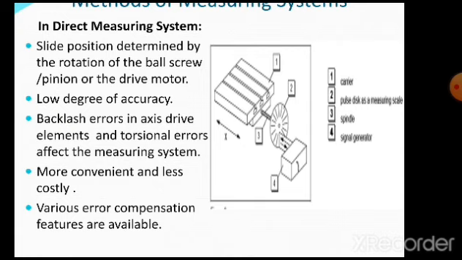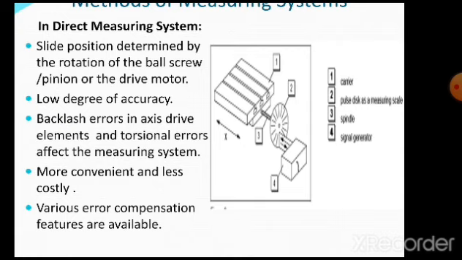That means even if we provide the correct mechanical power to the ball screw, there is every chance that there are certain losses in case of power transmission. Okay, so that is why it is called torsional errors that can exist in case of an indirect measurement system.